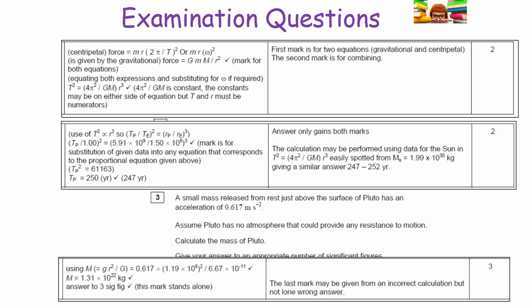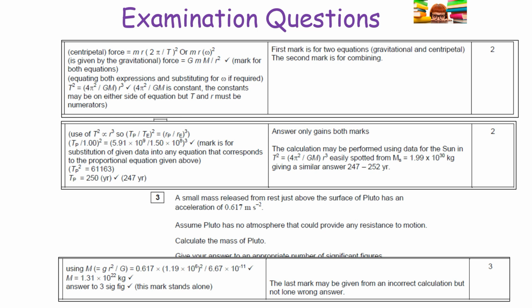So big M is equal to g r squared over big G. Put in all your numbers, and you know what little g is, which is the gravitational field strength, which is just the acceleration due to gravity, which is 0.617. Remember, it's always important to know that the gravitational field strength can also be called the acceleration due to gravity. You know what r squared is because you're given it in the previous question, and you know what big G is because it's the universal gravitational constant, and you get 1.31 times 10 to the 22 kilograms.